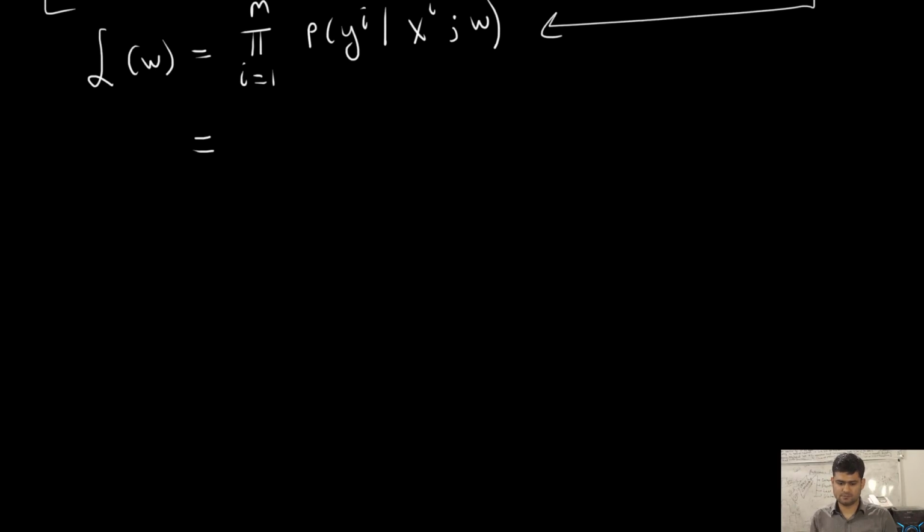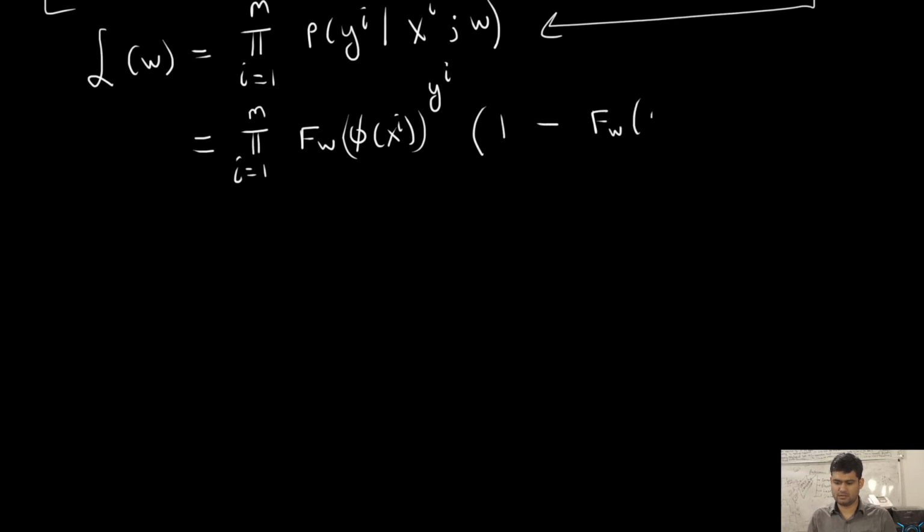So this becomes f_w of phi of xi to the power yi, times 1 minus f_w of phi of xi, to the power 1 minus yi. So this is the likelihood function.